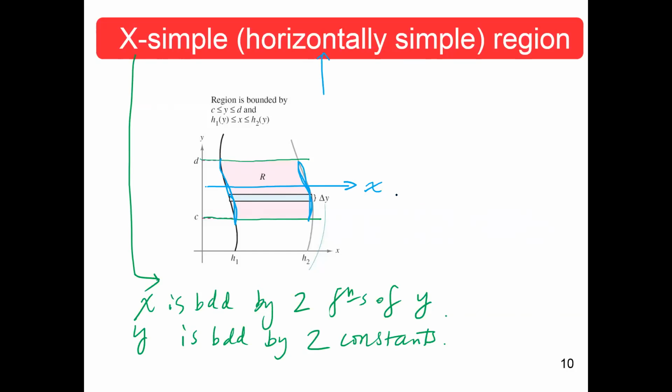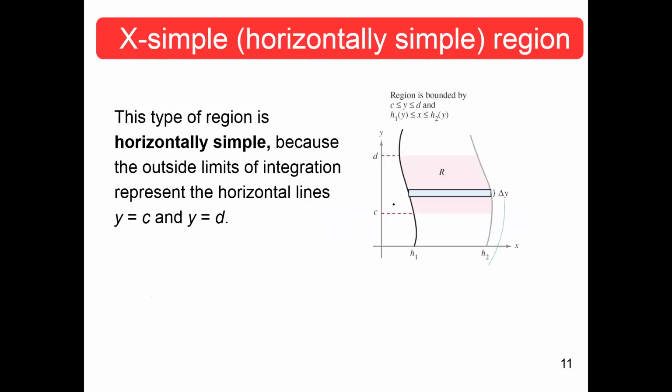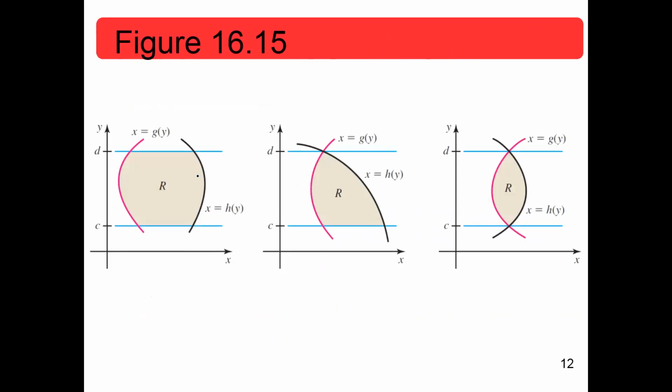Okay, great. So this is the x simple region. The next slide once again explains what is called a horizontally simple region, because of the horizontal narrow strips you can slice this region into. This is a graph for more x simple regions.